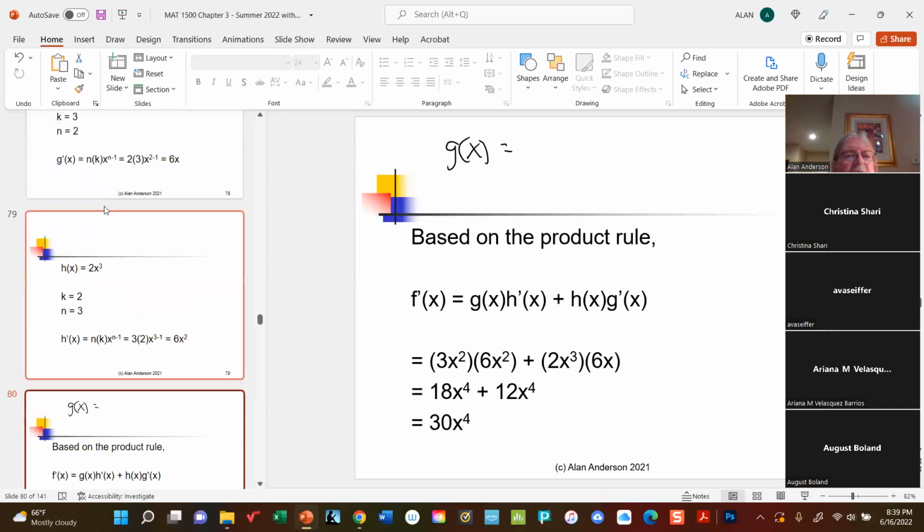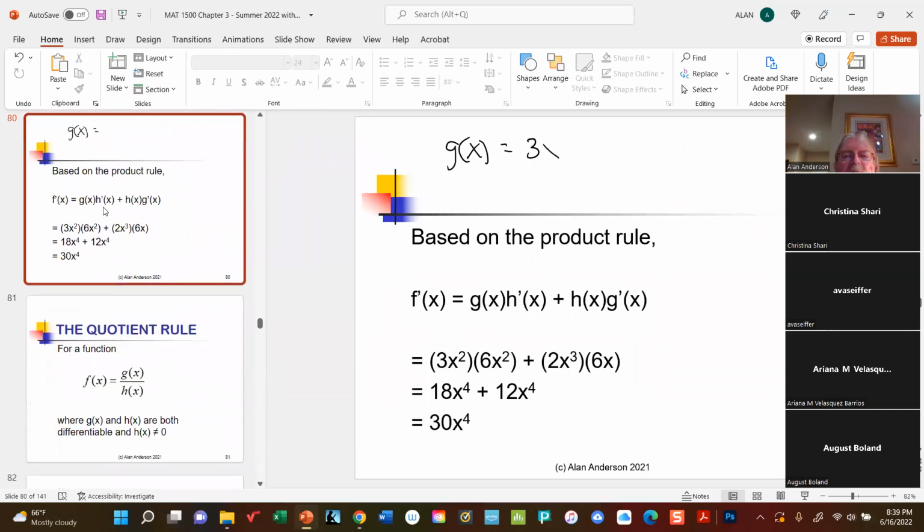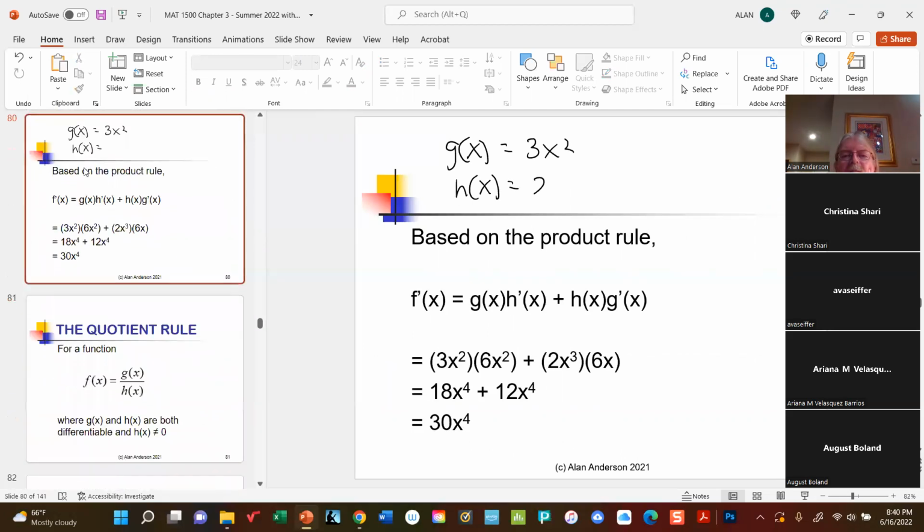G of x was 3x squared. H of x was 2x cubed. G prime of x is 6x. H prime of x is 6x squared.